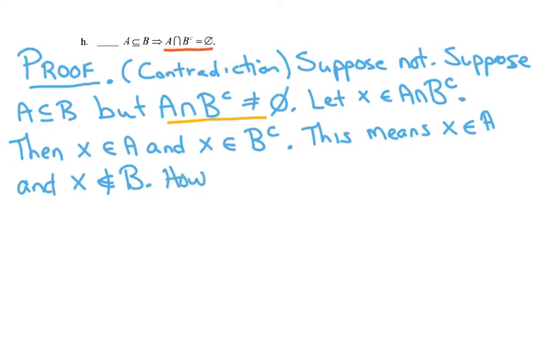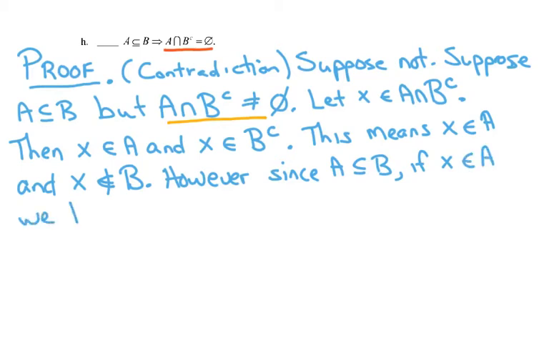However, since A is a subset of B, if X is in A, we have X is in B. So this is a contradiction.